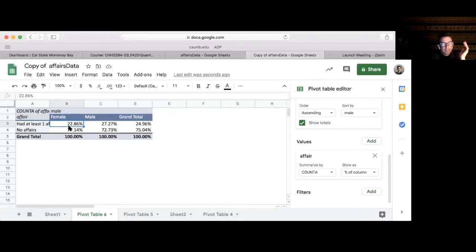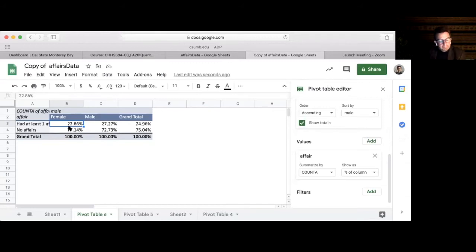Actually, male respondents were a little more likely to have an affair, about 4 percentage points. So based on these results, we can say, hey, in this sample, there is a relationship. It's not very strong, right? It's just 4 percentage points, but they're not identical. So there is a relationship in this sample.